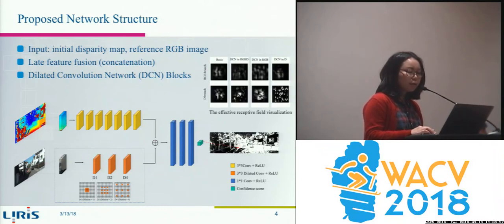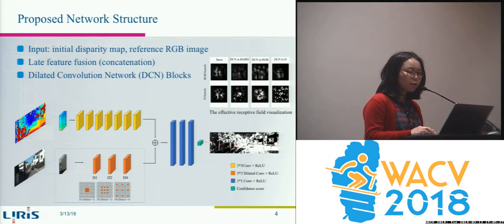We did some early experiments and found that CNNs trained on initial disparity patches had high ability to differentiate incorrect matches, while CNNs trained on reference RGB patches only have a very weak capacity. Based on this observation, we choose the reference RGB images as the second input to complement the initial disparity maps and design a two-branch CNN.